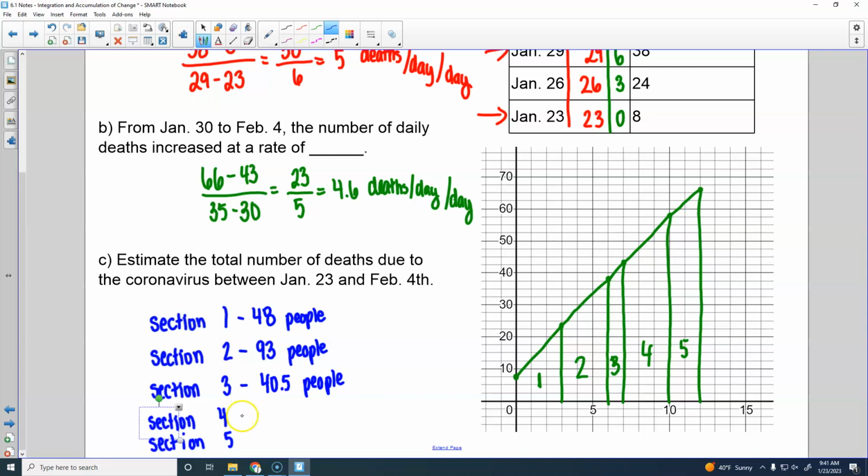We know in reality that wouldn't be the case, but we may end up with half somewhere else that kind of go together. And 5 over here, 124.